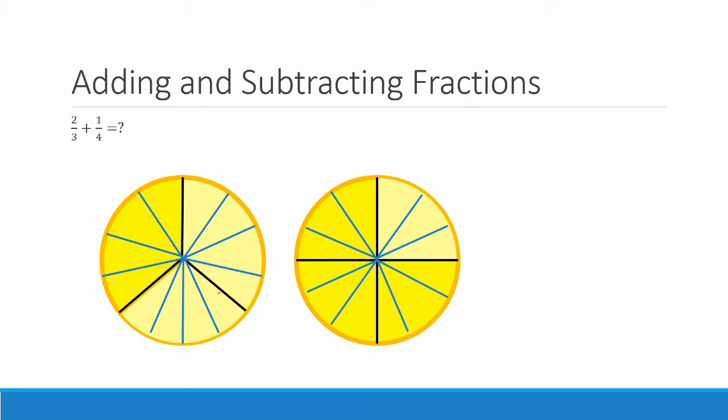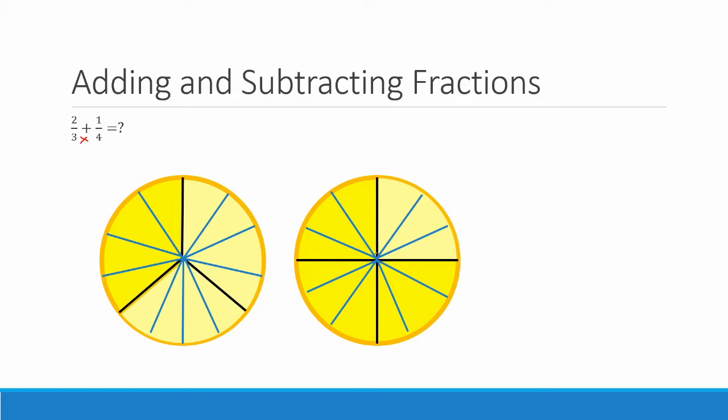I can count how many slices I have here out of 12 now, and this one out of 12 as well. And notice, when I've done these slices, I've actually got 4 slices now for every one that I originally had. So in fact, I have multiplied my thirds by 4.